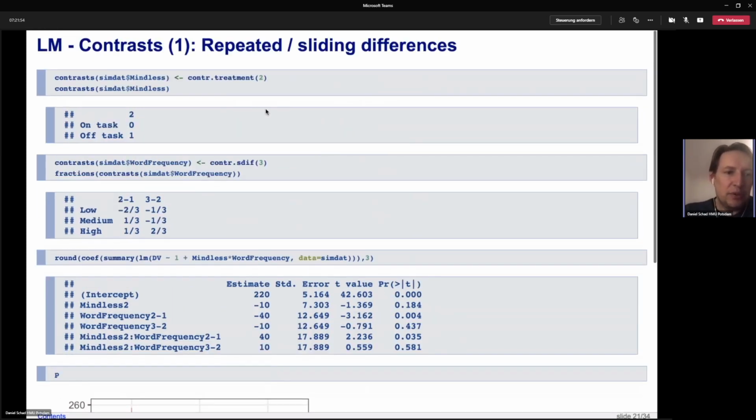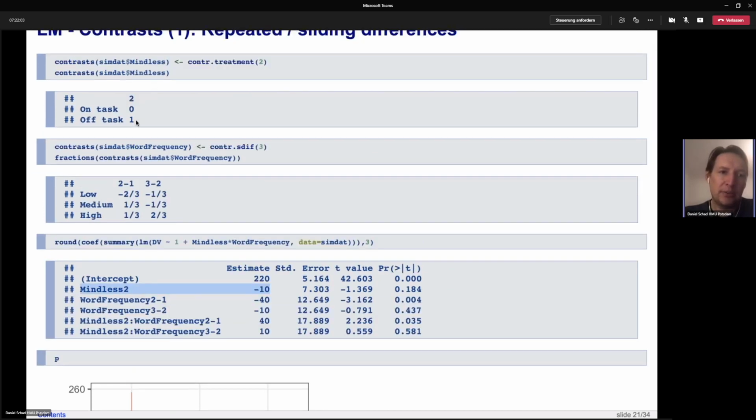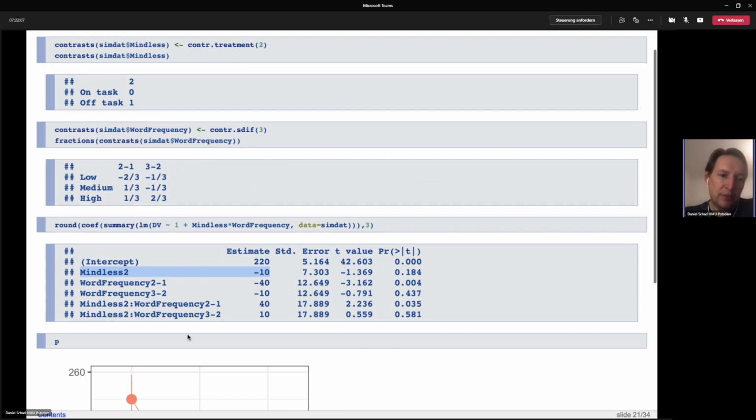So let's start with the mindless effect. How can we interpret the effect of mindless reading? So the difference between on task versus off task. First we know that we have the interaction included. So to interpret the effect of mindless reading, we have to know how word frequency is coded. Word frequency is coded as a sliding difference contrast. The sliding difference contrast has a mean of 0.